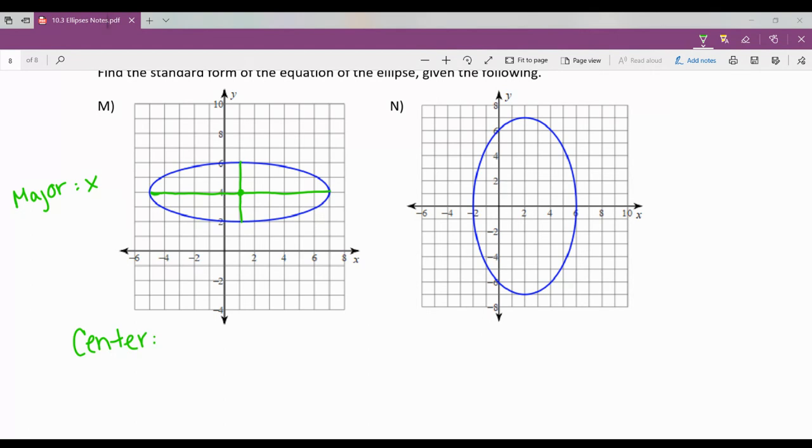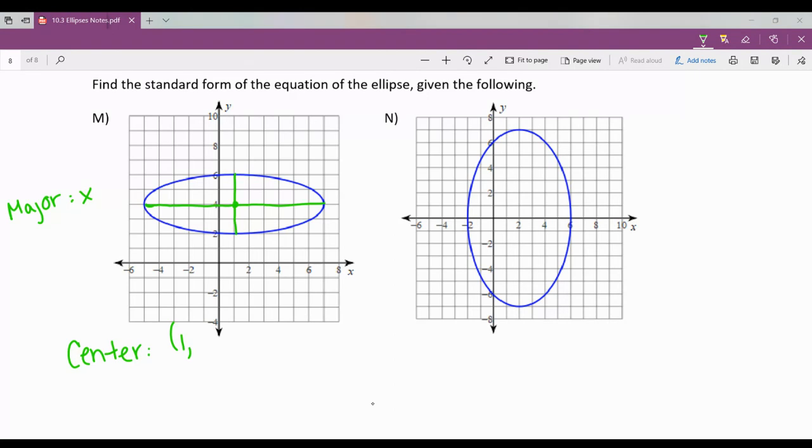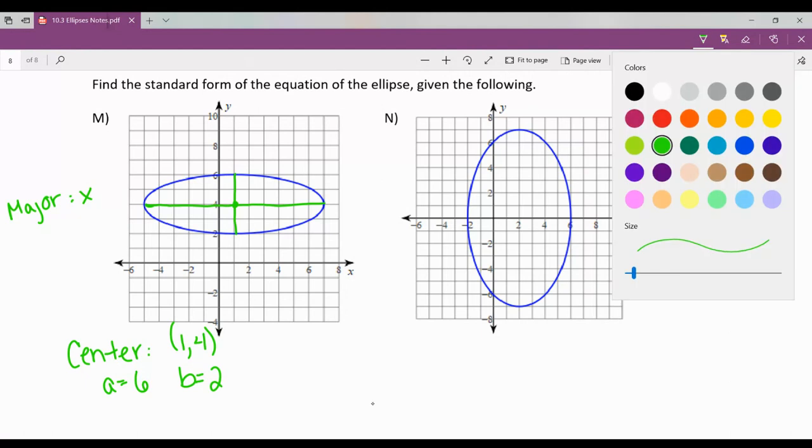which is 1, 4. My major, well, the distance goes 1, 2, 3, 4, 5, 6. So my A is 6. My B goes 2 up and 2 down, so 2. So now I want to find the equation.